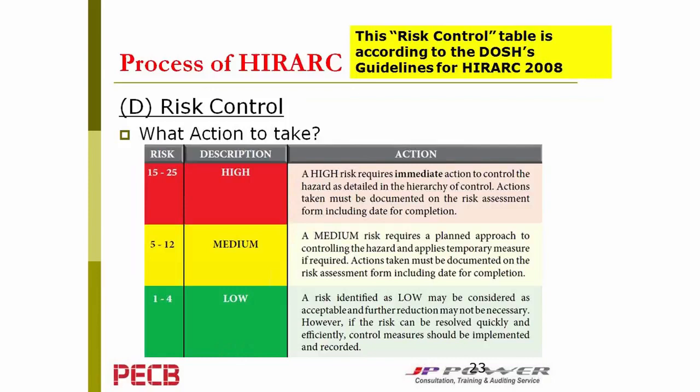The organization needs to determine precisely what they have to do if the risk is classified as high, likewise when it is medium, and what they have to do if it's low. Ladies and gentlemen, the organization has a free hand to change these statements and the actions required to suit the organization's capability and from the economic point of view.